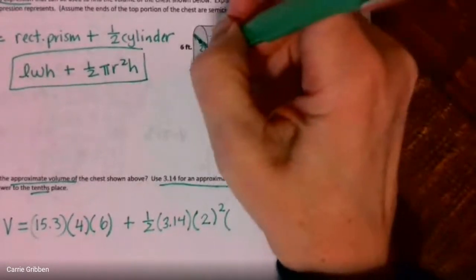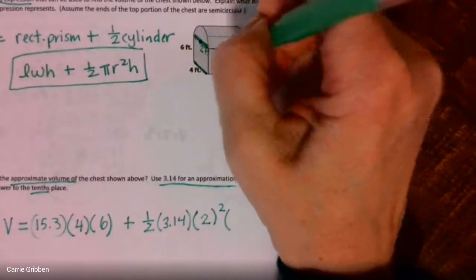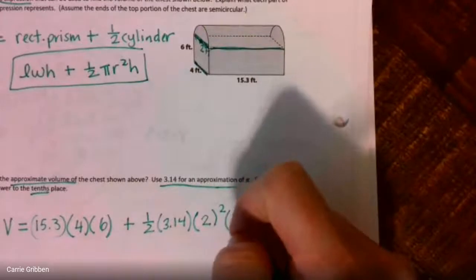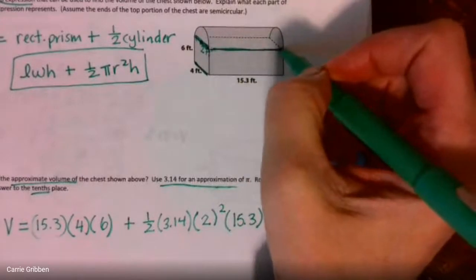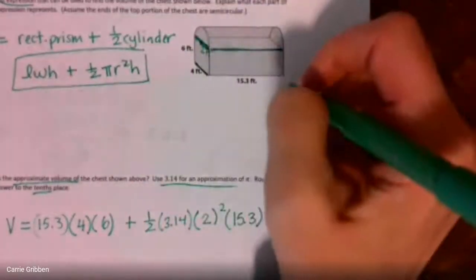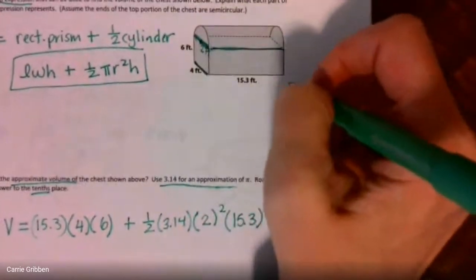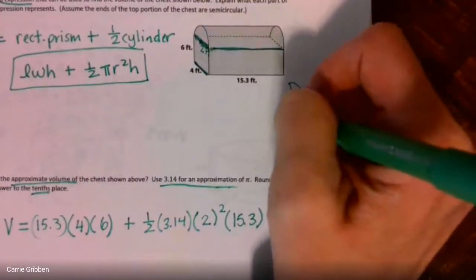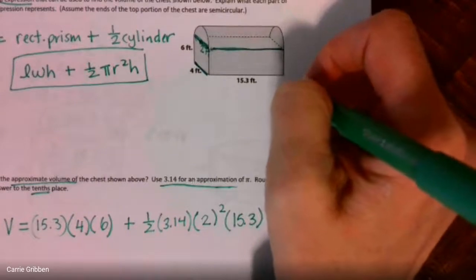And then the height of the cylinder is actually, picture you standing the cylinder upright, then this would be the actual height, which is the 15.3. Okay, so the radius is 2 because you got to go halfway, and this is 15.3 because you got to picture kicking it up on its side. So, you know, it would look something like this. Round it off. So there's 15, and there's the 2 for the radius.